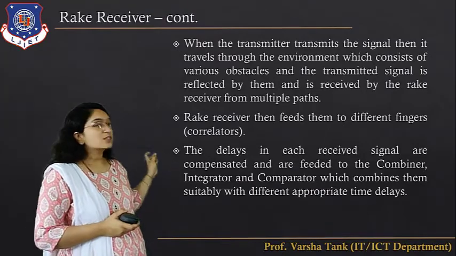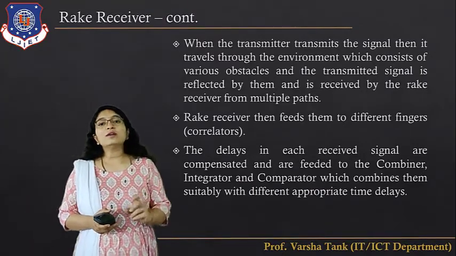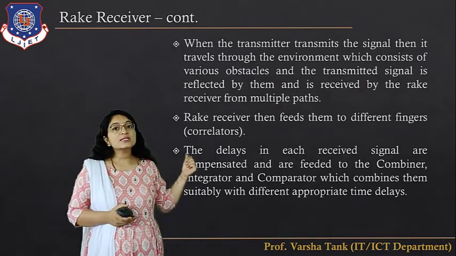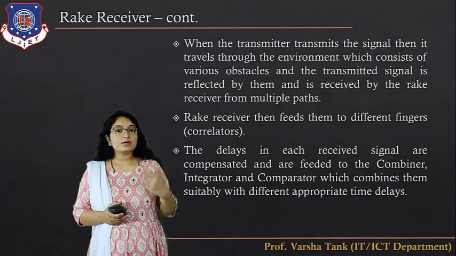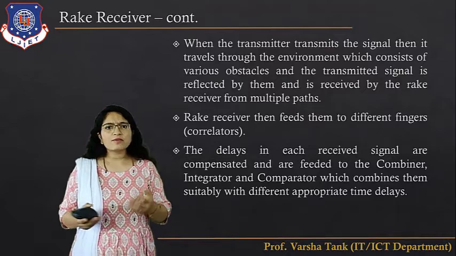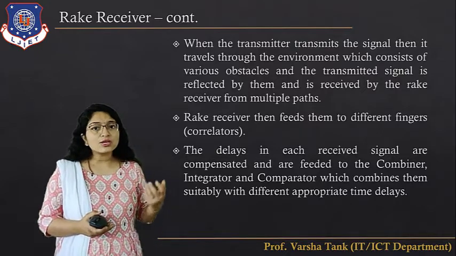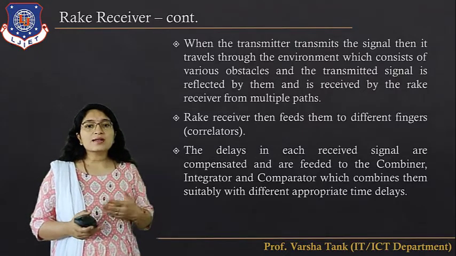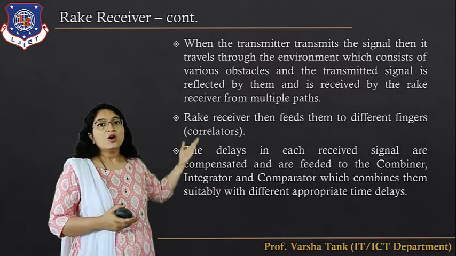When the transmitter transmits the signal, it travels through an environment which consists of various obstacles. If there is multipath propagation, various obstacles like buildings and trees are there between the transmitter and receiver.